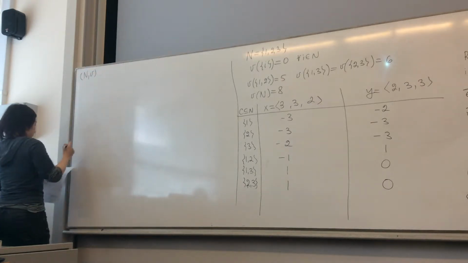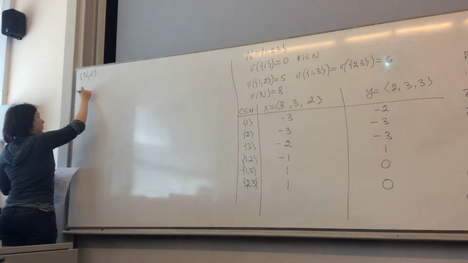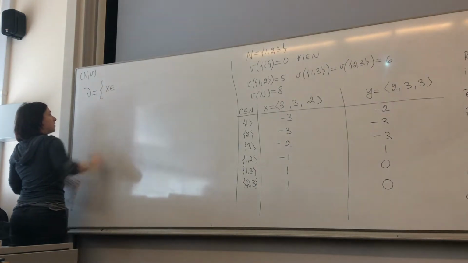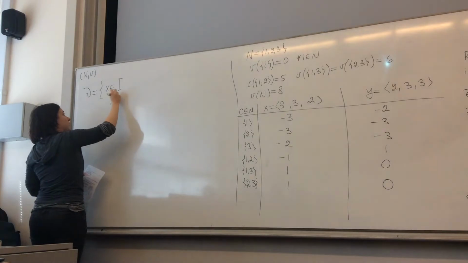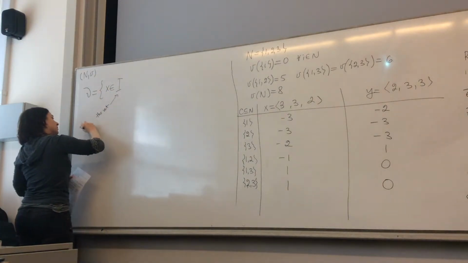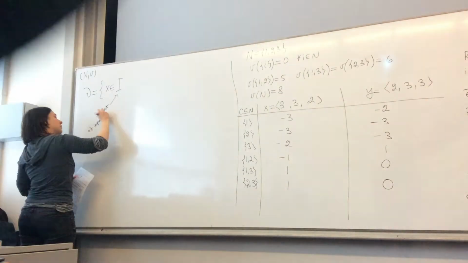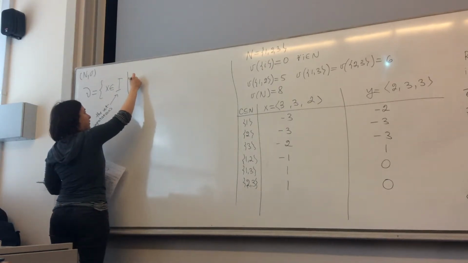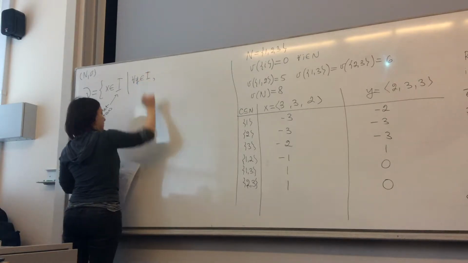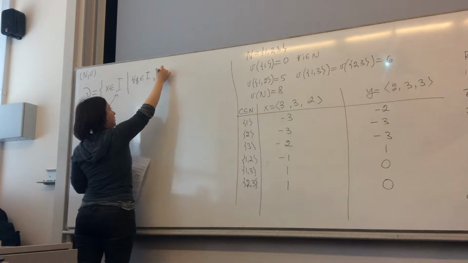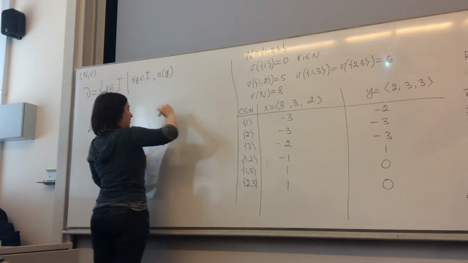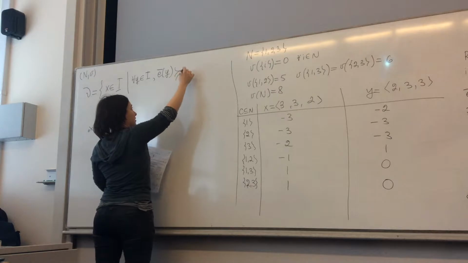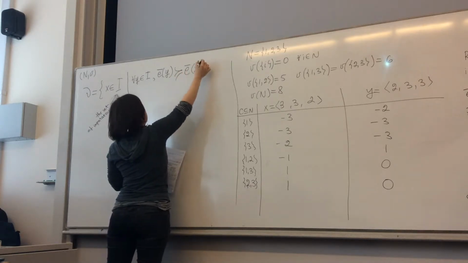The nucleolus would be the set of all imputations x in the set of imputations, so that for every imputation y, we have that x is better than y, that is, the ordered vector of excesses under y is larger than the ordered vector of excesses under x, right?